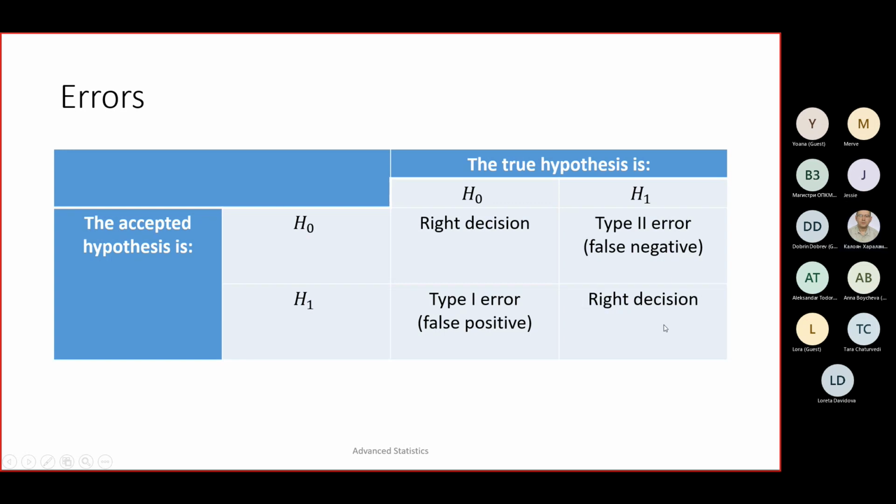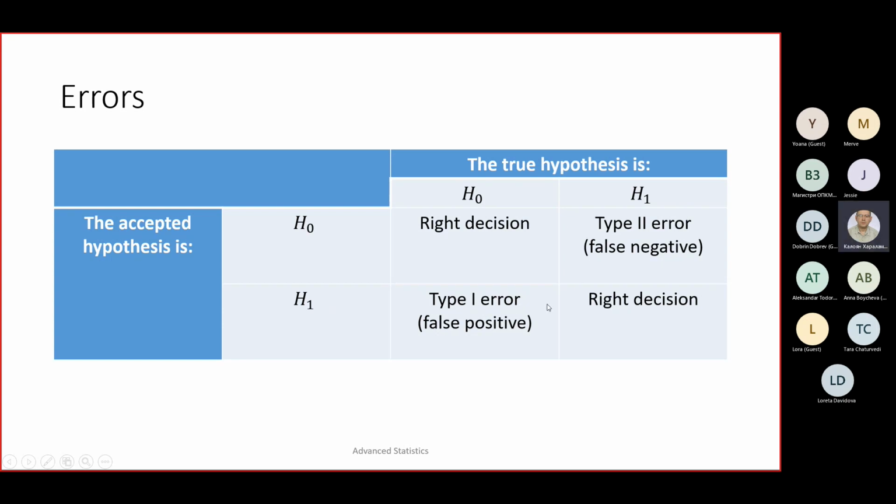But there are other two cases. If the null hypothesis is true, but our data and our calculations lead us to the conclusion that the alternative hypothesis is right, this is error, and this is so-called type 1 error.